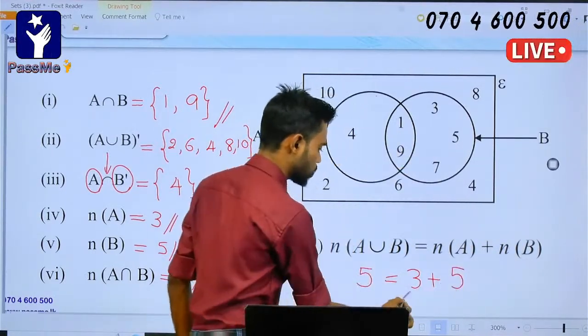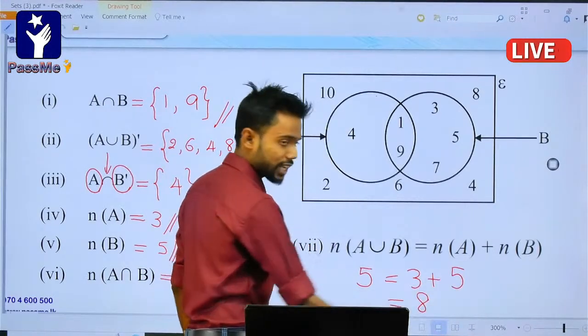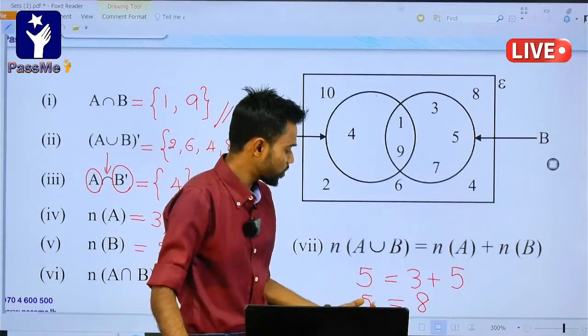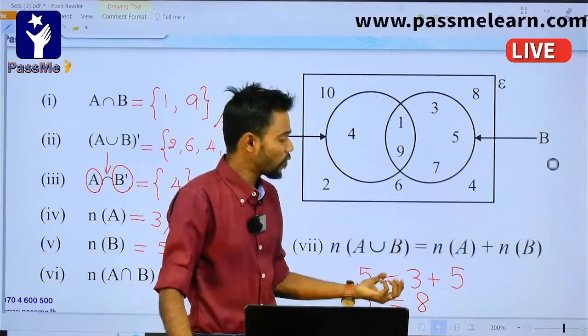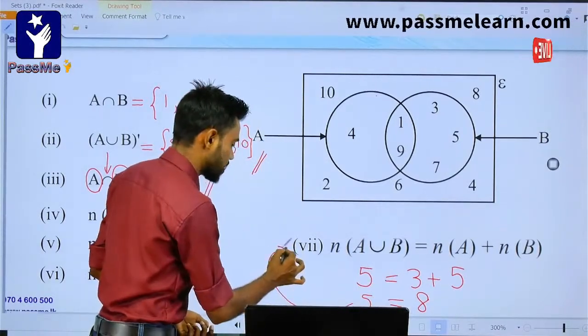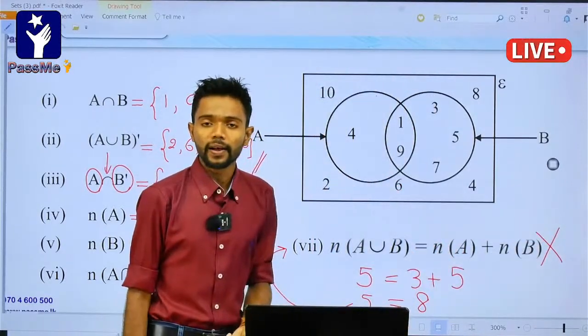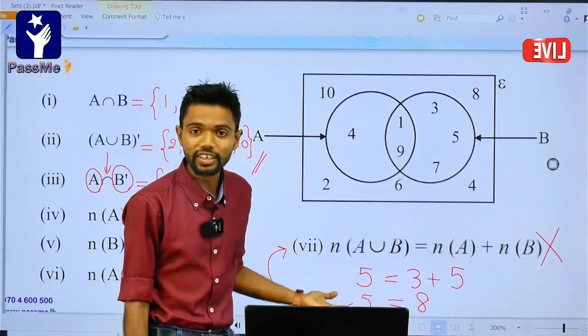If you add these two numbers together, that is going to be 8, but here it is 5. But we know that 5 is not equal to 8. Therefore, we can say that this expression is not right. It is completely wrong.